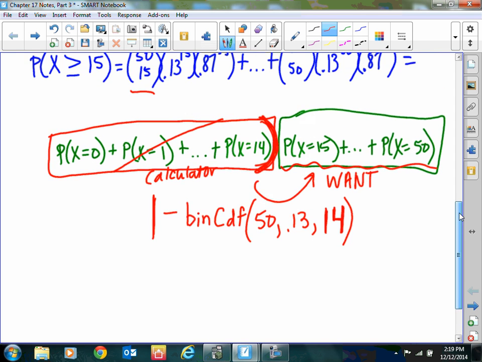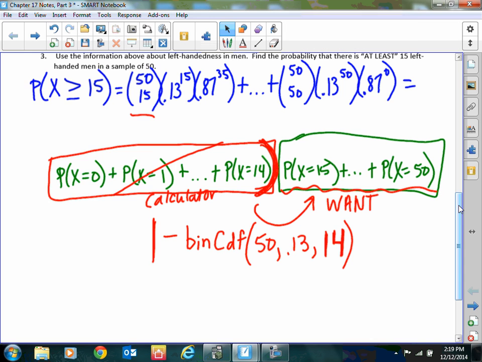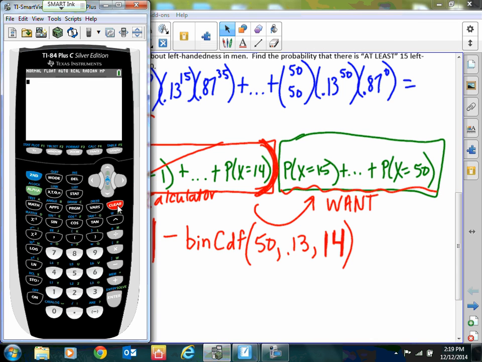Okay, so let's compute that. Oh, hold on. I'm going to go 1 minus, and then my second bars, binomial CDF, 50, comma, 0.13, comma, take off the bottom 14, and there it is.